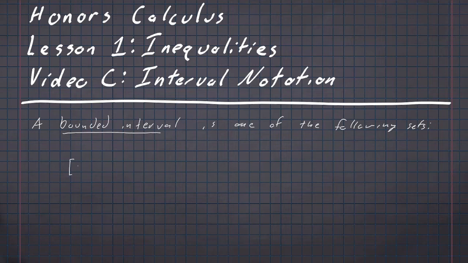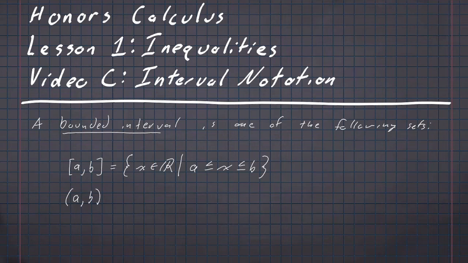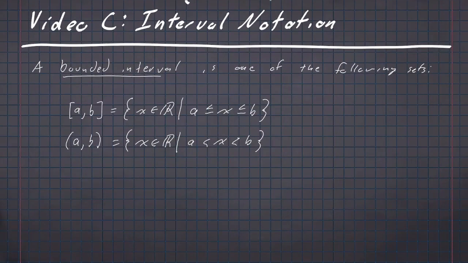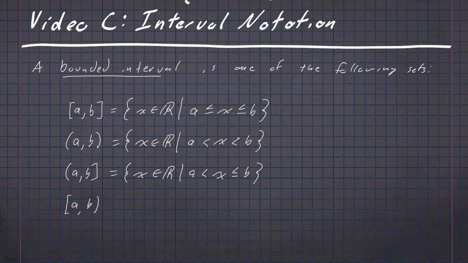We can have what's called a closed interval between A and B, which is a shorthand for the set of all x in the real numbers such that A is less than or equal to x is less than or equal to B. We can have the open interval between A and B, which is shorthand for the set of all real numbers x, such that A is strictly less than x is strictly less than B. Or we can have the mixed half-open, half-closed intervals, either open on the left and closed on the right, or closed on the left and open on the right.